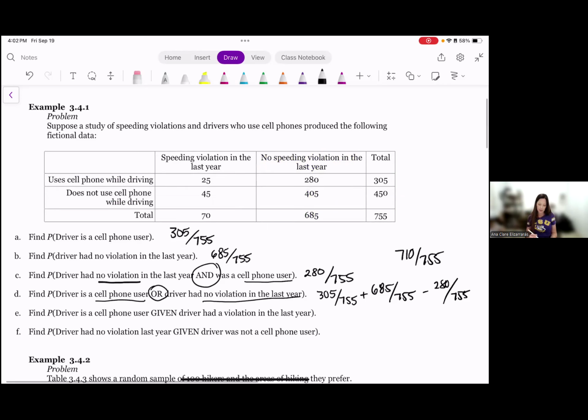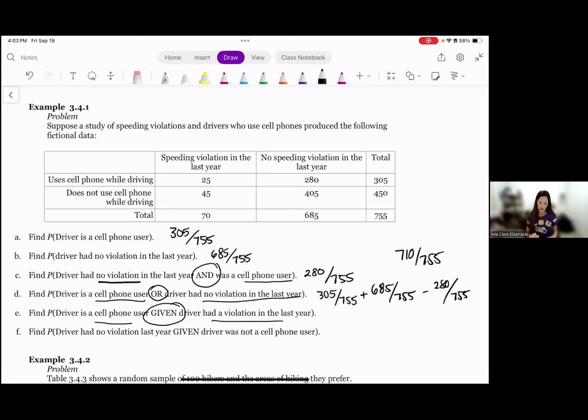What is the probability that a driver is a cell phone user given the driver had a violation? So here's what's happening. You have the entire group of 755 people, but then they say, I only want to look at the people that had a violation last year. So everybody else, please sit down. So only those that are standing are the group that I'm talking about. Well, how many were in that group?